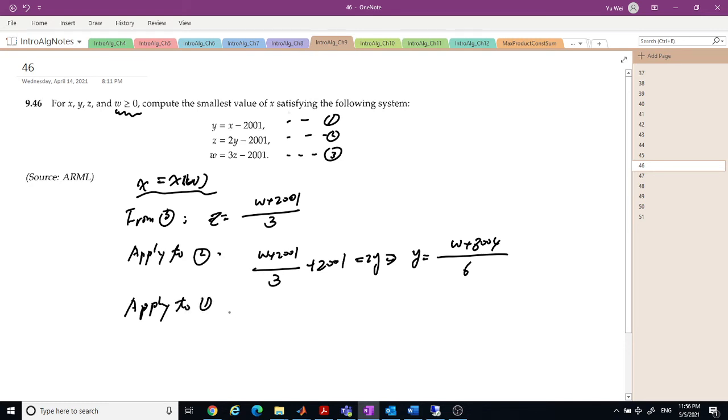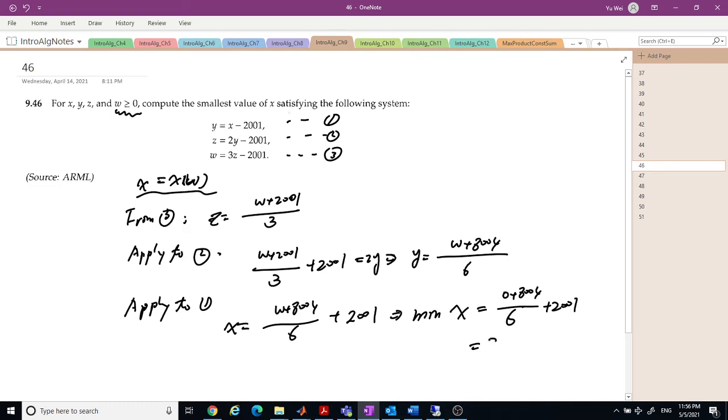We can solve x. X equals to 6w plus 804 plus 2001. Then we can solve the minimum of the x based on w greater than or equal to 0, which is 6 times 0 plus 804 plus 2001. Okay, that is equal to 3335. So this is the answer.